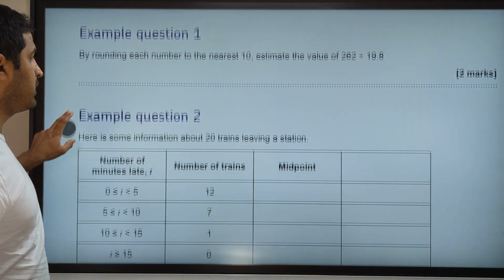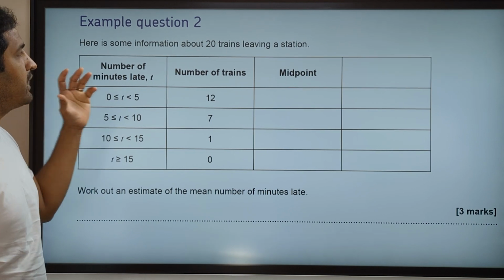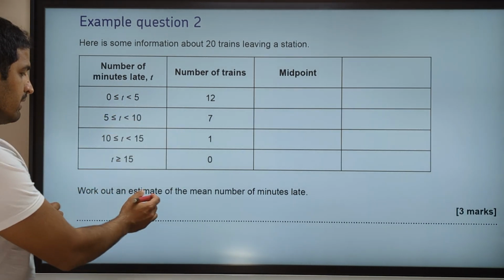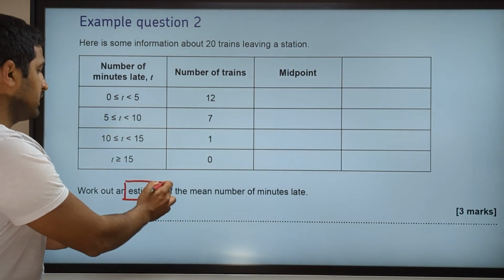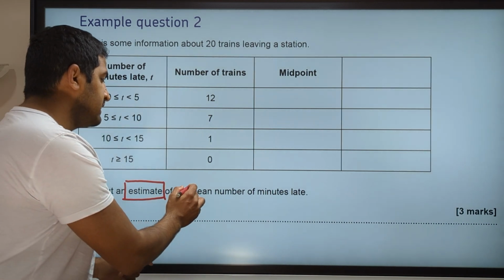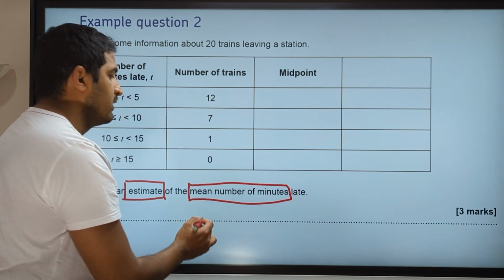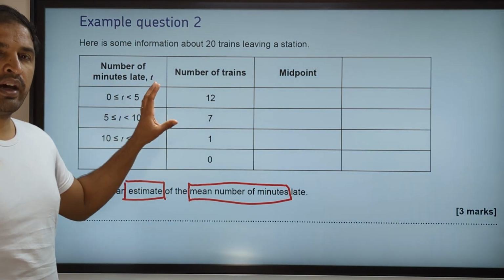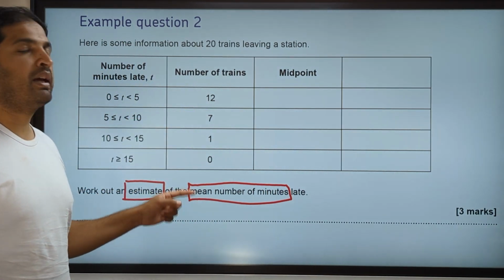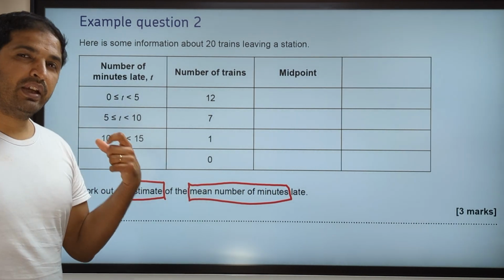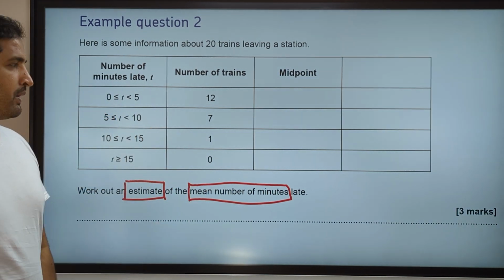Whereas question 2 here is a completely different way of using the word estimate. So we're still using estimate, but we're looking at an estimate of the mean number of minutes. So that means we're trying to find the mean value and estimating that value. Now with this one, there are two different ways people go through it, okay?